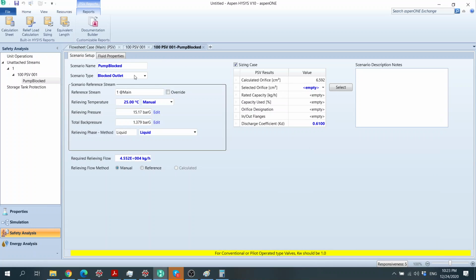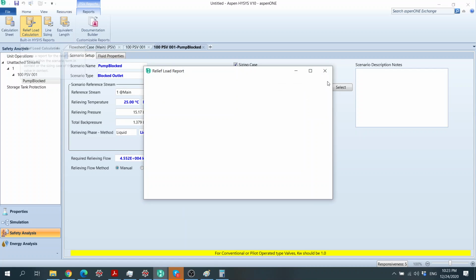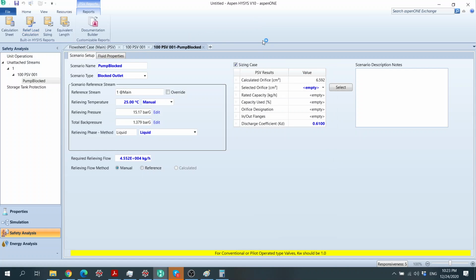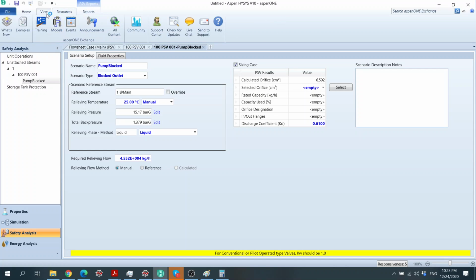So a better way is then we go to this documentation builder. Oh, this relief load calculation. No, the sizing. We'll see what the equation is.